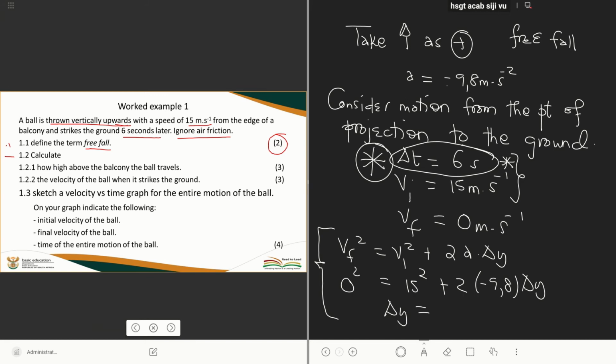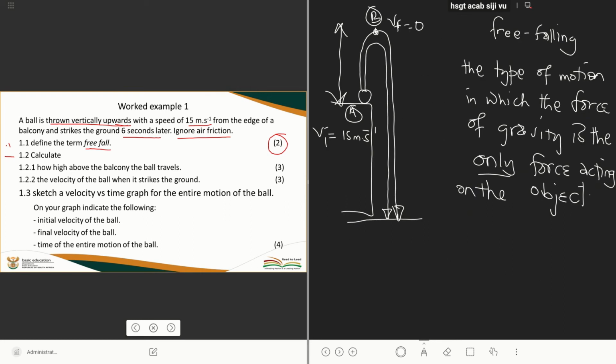It's going to be positive because we've transposed that. It's going to be positive 11.48 meters. If you look at that delta y of 11.48, if we go back to our trajectory, it means this displacement or change of position in the upward direction is actually 11.48 meters. Okay, excuse me for that. Right, 11.48 meters. So that's the displacement.